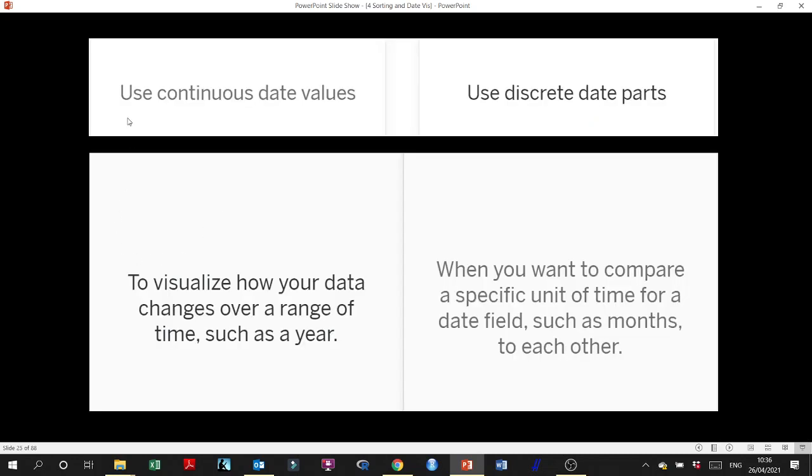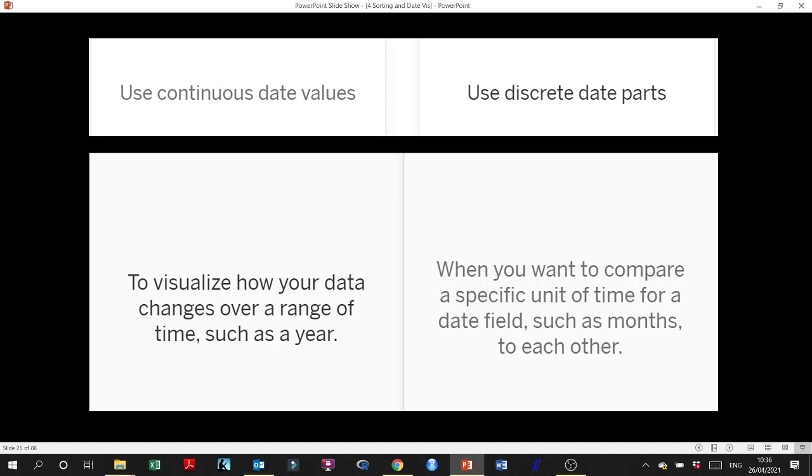All right, so in summary, we use continuous date values to visualize how your data changes over a range of time, such as a year. When we use it, we are creating an axis that shows the chronological progression of dates. When we're using discrete date parts, we want to compare a specific unit of time for a date field, such as months, to each other.